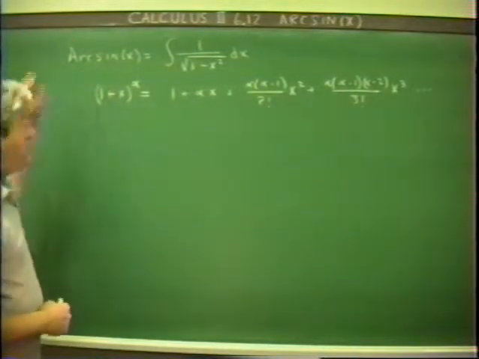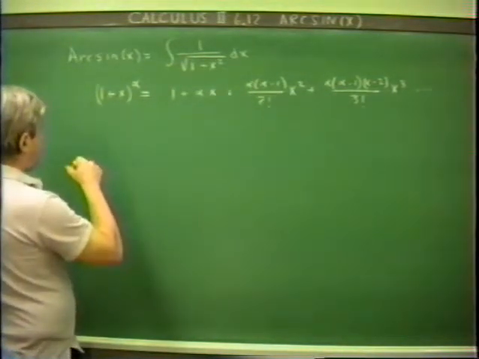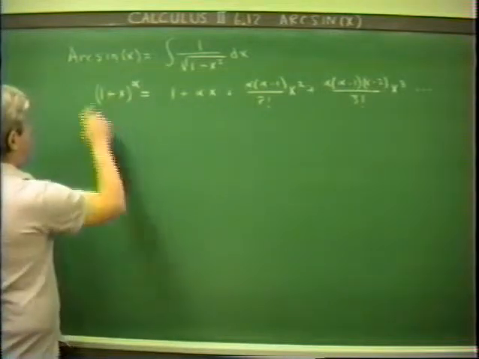We'll just look at the first terms of this. Having done that, you can look at as many terms as you would need to get any accuracy you would want, perhaps for arc-sine of x.